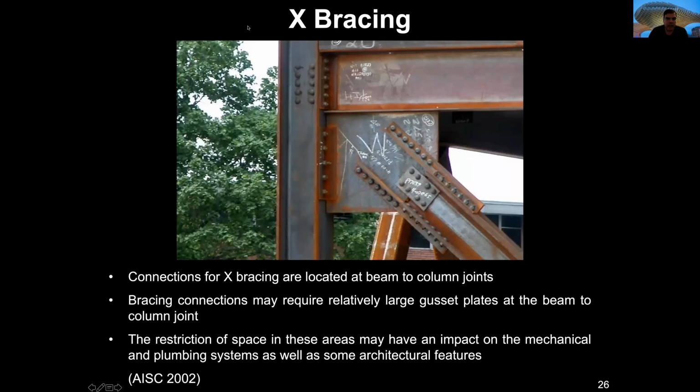As I was telling you, in this particular case, this is the axis, and this axis is going to the center also of the column and the center of the beam that is in this point. That's why it's concentric.